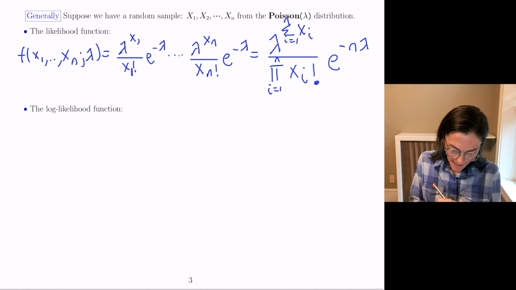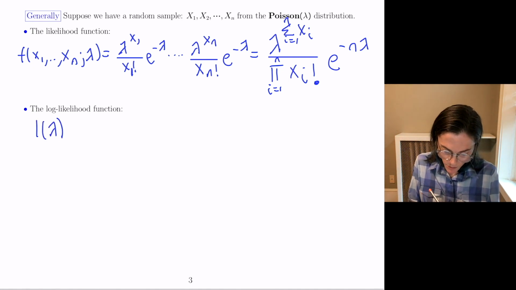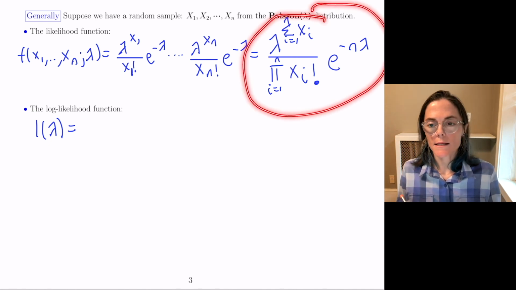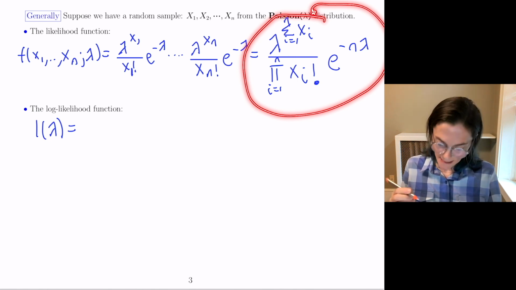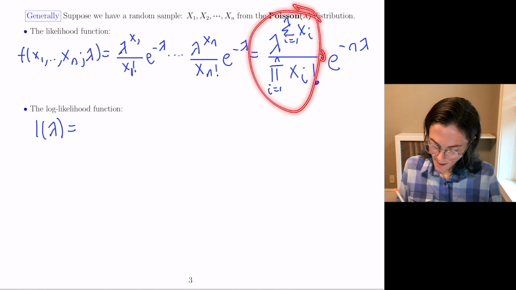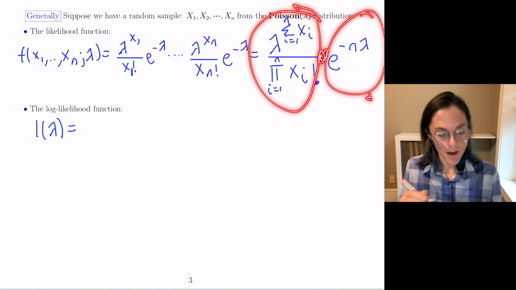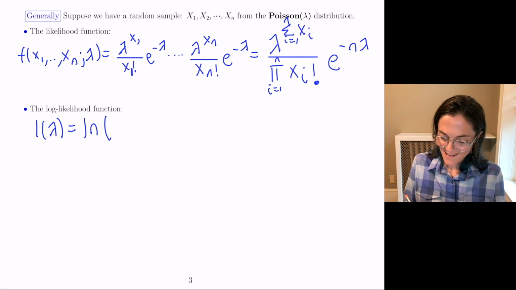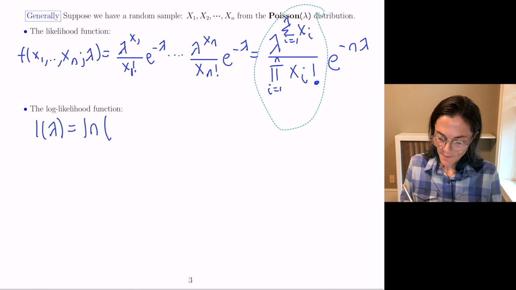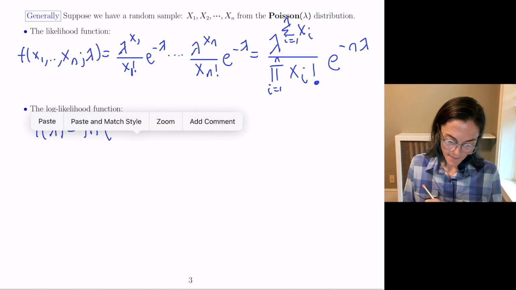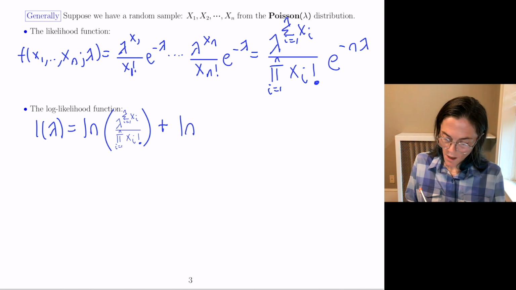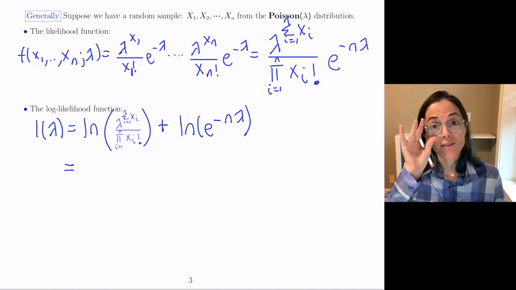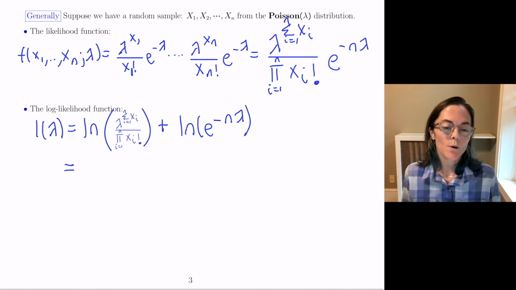Now let's look at the log likelihood function, which we will try to maximize. Well, you see, very much like we had in our example, maybe I'll go ahead and split this because here we have this times this. So I will go ahead and write that as a sum of natural logs. We have the natural log of, I'll just copy this entire thing and paste, and then plus the natural log of e to the minus n lambda. Well, we take the exact same simplification step that we did in the last problem.